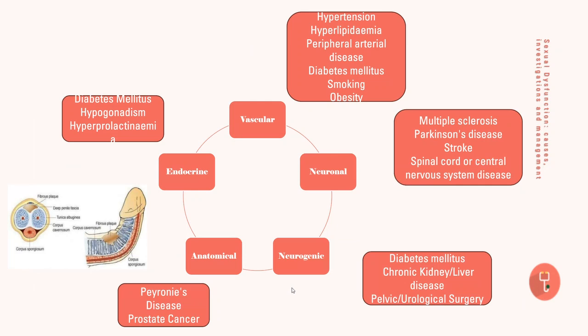And then our endocrine causes, diabetes again features, hypogonadism and hyperprolactinemia. I don't think you need to remember all of these. The point of this slide is to reiterate that erectile dysfunction is not just caused by one or two things. Again, it's about that holistic look for each patient, so full medical history, all of their medications, and really have a look at all aspects of their life.